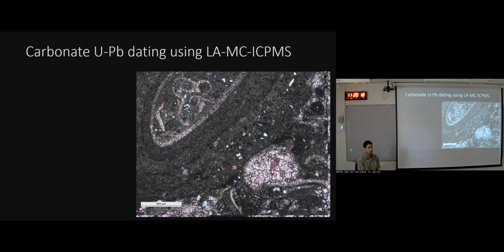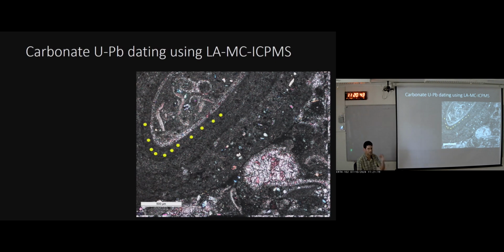And the way we actually do these measurements, well, we can do them in bulk. This is how it was done in the past, but now we can do them using laser ablation. So we take thin sections, thick sections, and then we identify dolomite fabrics in them that are associated with a single generation, so we think they formed at the same time, and then we ablate them.